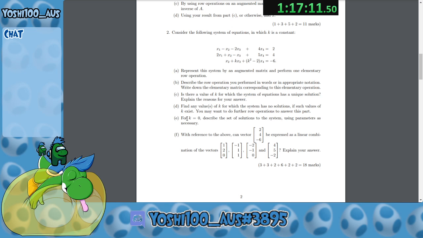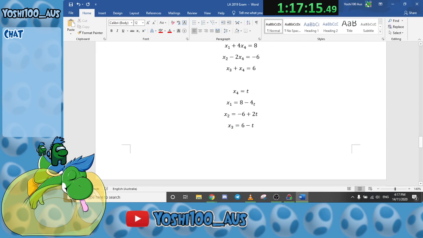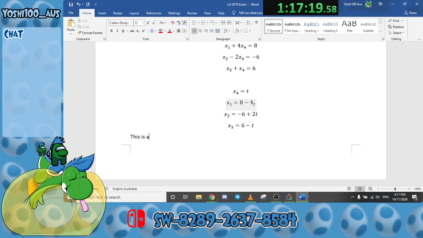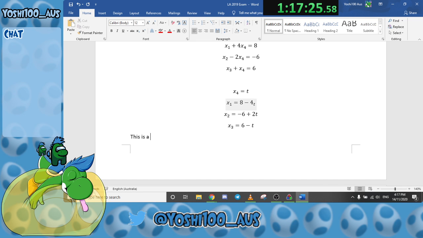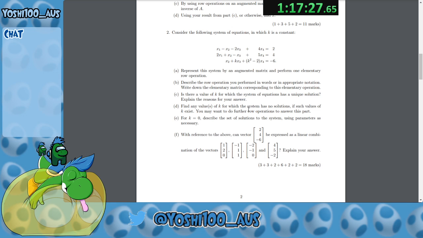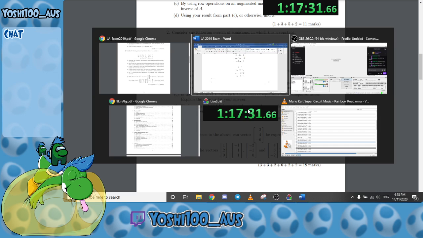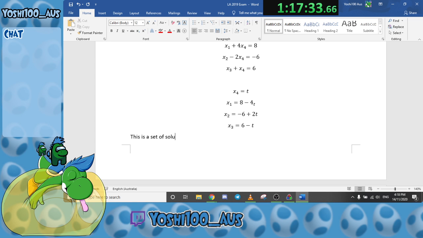Oh, it's not asking for a basis though, right? It's asking for a set of solutions. Oh, so you can just say this is a set of solutions, right? Because you don't even need to write it as vectors. Set of solutions to the system. Then x1 equals 8 take 4t, x2 equals minus 6 plus 2t. And yep, okay, cool.